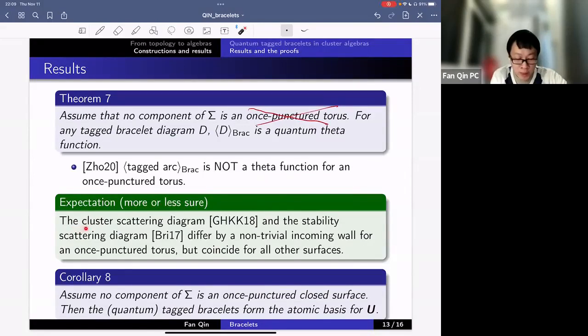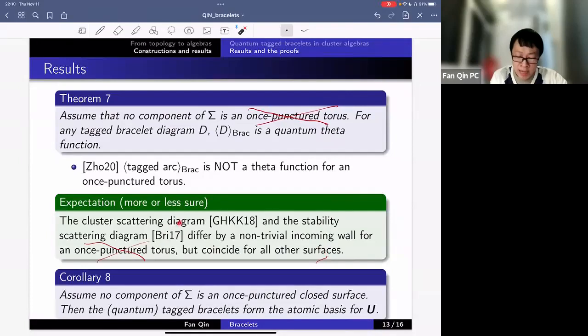So if you are working with the cluster scattering diagram from GHKK, and you compare it with the stability scattering diagram from Bridgeland, they only differ by a non-trivial incoming wall for the once punctured torus, and they coincide for all the other surfaces.